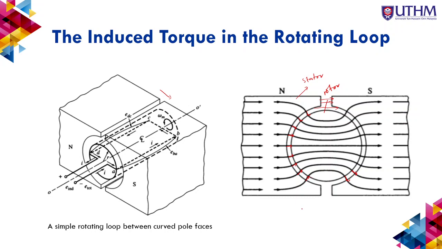The formula of the force is ILB, and the torque is R F sin theta, where theta is the angle between R and F. Since the direction is always perpendicular, the angle will always be 90 degrees. So please remember this.